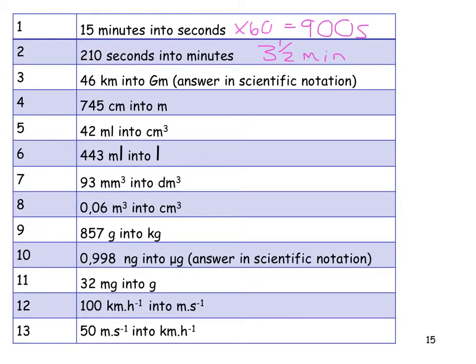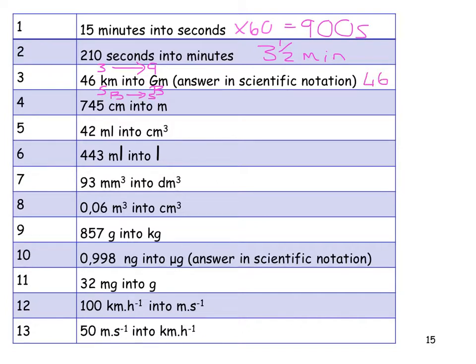When I'm going from kilometers into gigameters, kilo is times 10 to the 3, giga is times 10 to the 9. So I have got 6 hops along on the line there. Kilo is small when compared to giga, so I'm going to go from a big number to a small number, which means I need to divide.